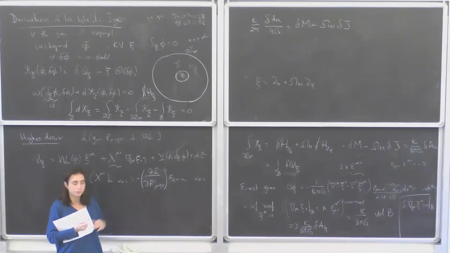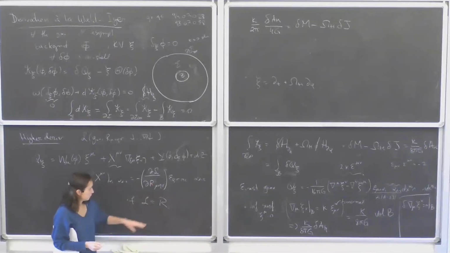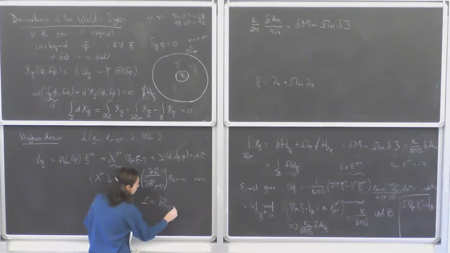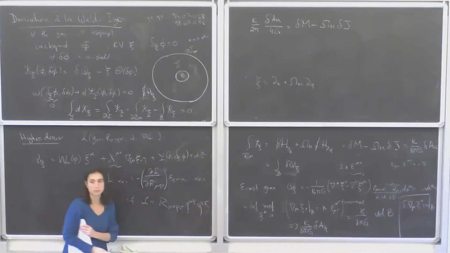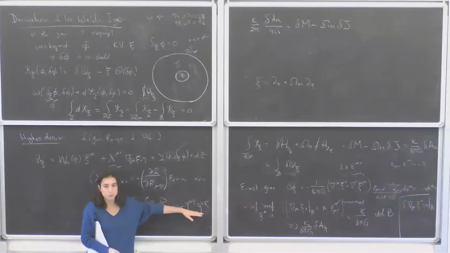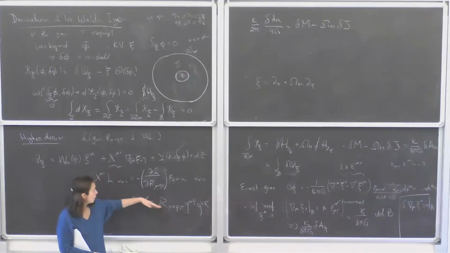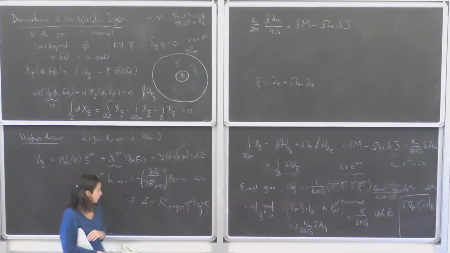So if L is R, you can write this as R mu nu rho sigma g mu rho g nu sigma, something like that. So when you do this, you're just picking some antisymmetrized combination of these g's, which at the end of the day is going to give you this X mu nu, which is basically proportional to the volume form. Okay.